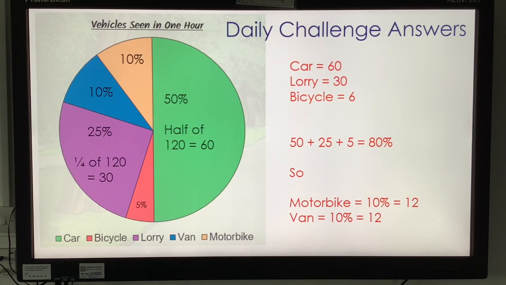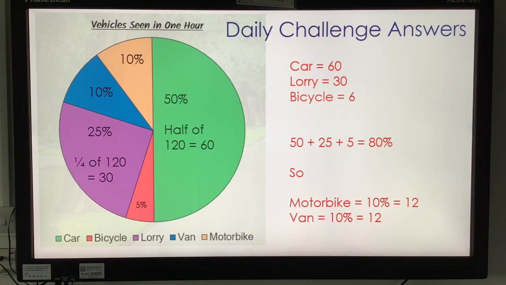You then can also see that your purple lorries represents 25%, or a quarter. So you can work out a quarter of your overall amount, 120. So you divide your 120 by 4, or you can do your 25%, or half your 50%, there's so many different ways, but you should come to the number 30. So you know there are 30 lorries, 60 cars, and 6 bicycles.